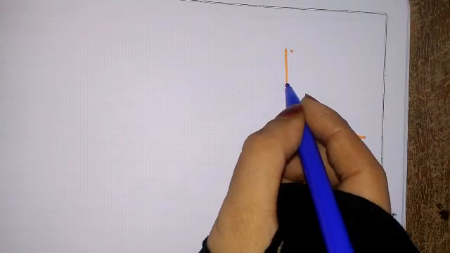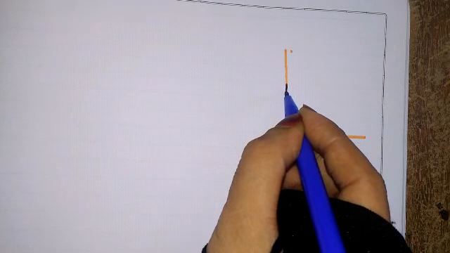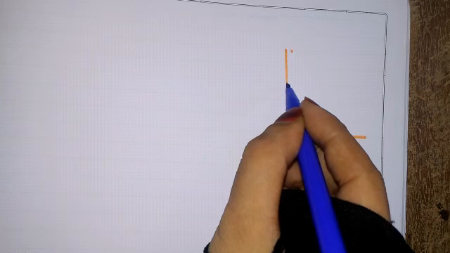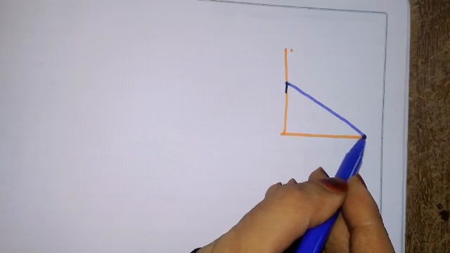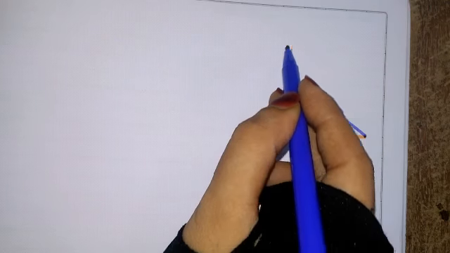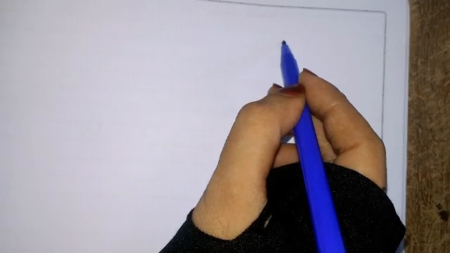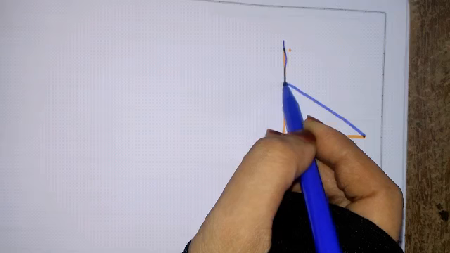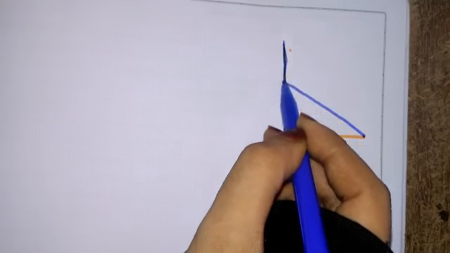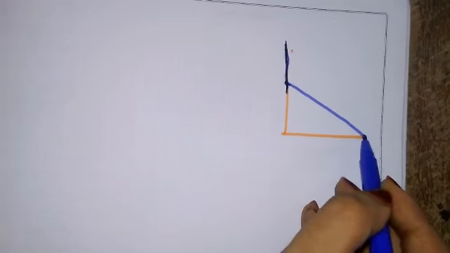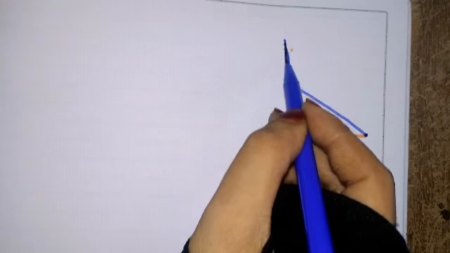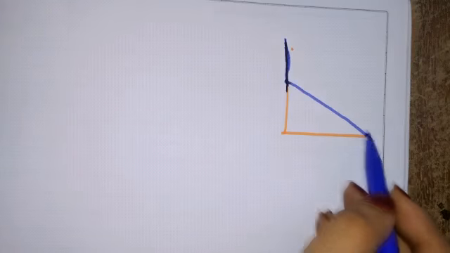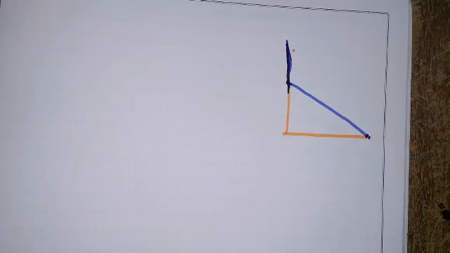From here, half of the tree breaks. This part breaks and falls down and touches the ground. So this half part breaks down and falls down. It comes here. The full tree is standing and this part breaks and touches this side.